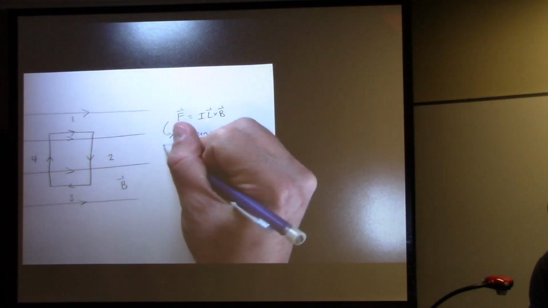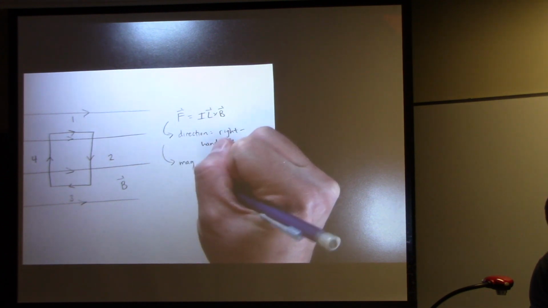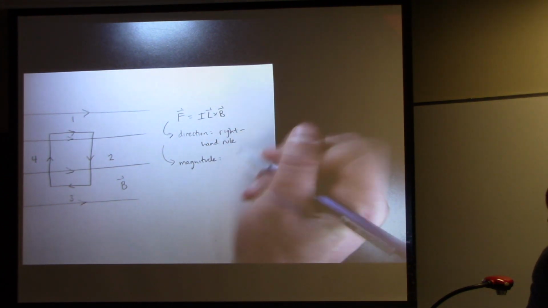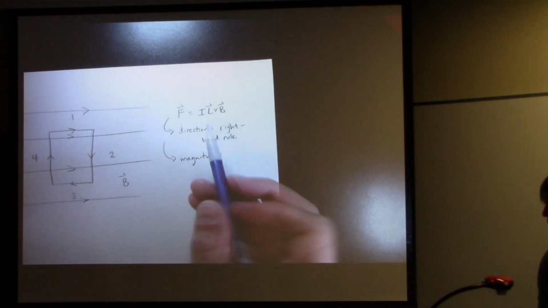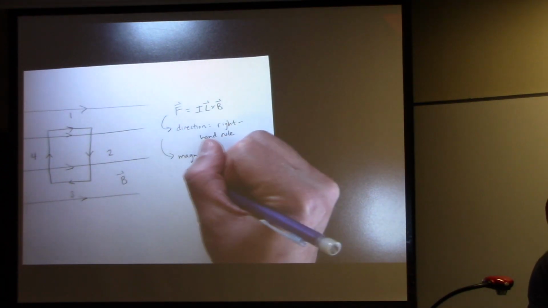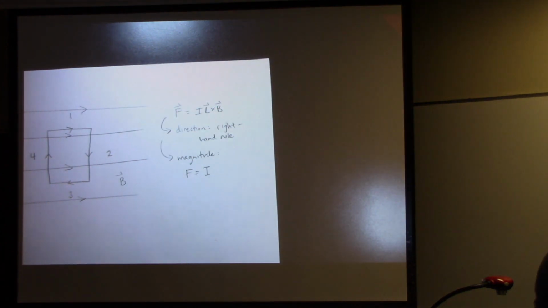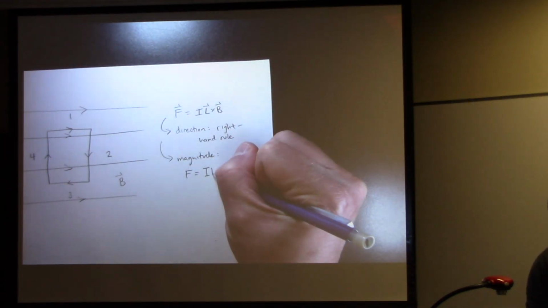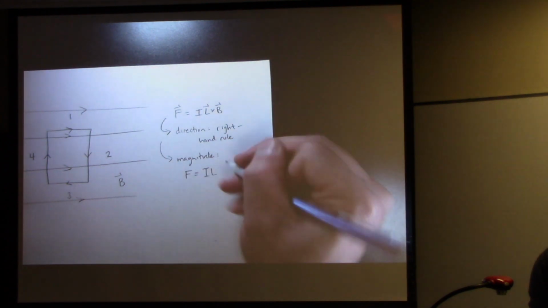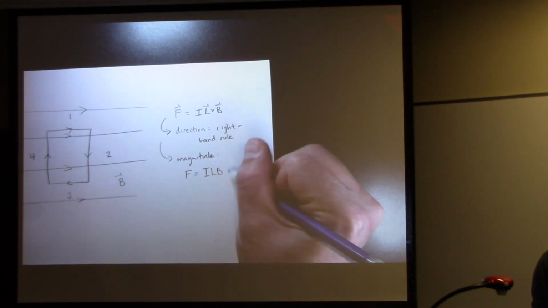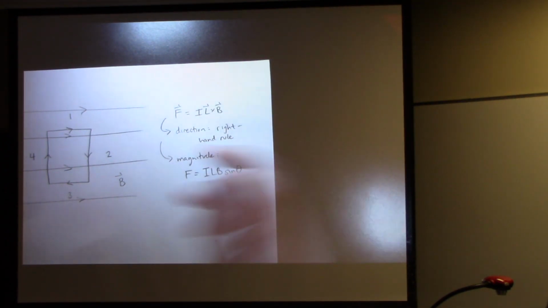There's also a magnitude for this force. Whenever we have a cross product, remember, I is just a constant out front, and you take the magnitude of the first vector, times the magnitude of the second vector, times sine of the angle between them.